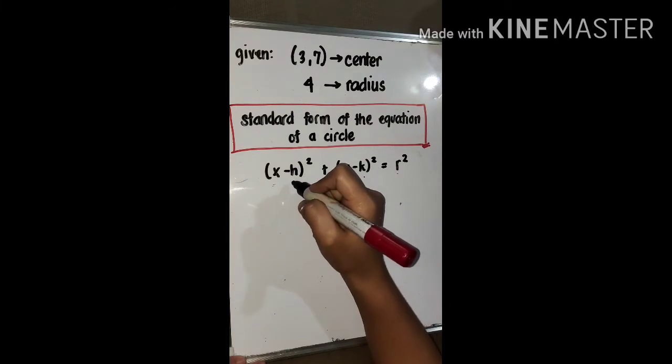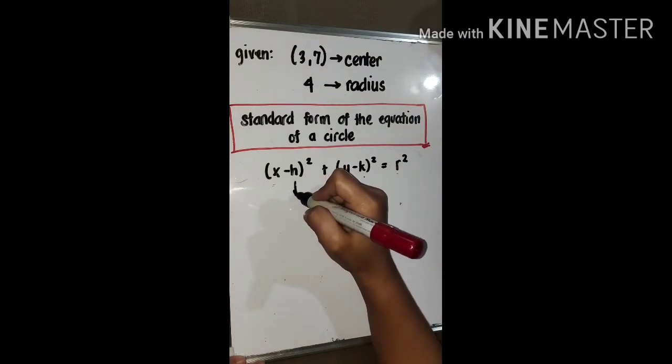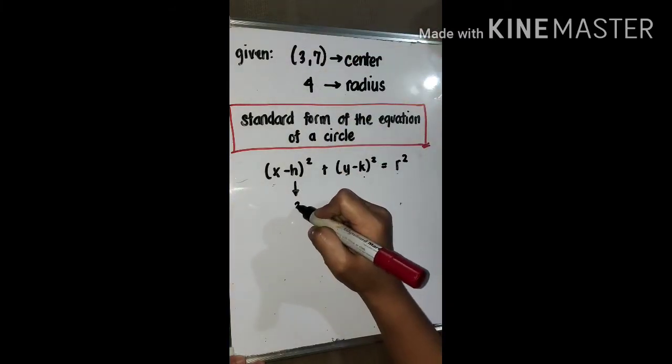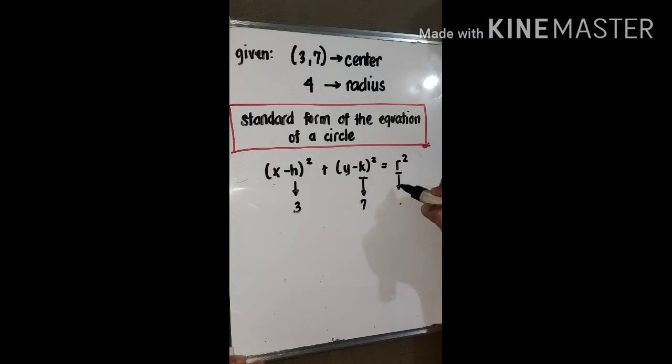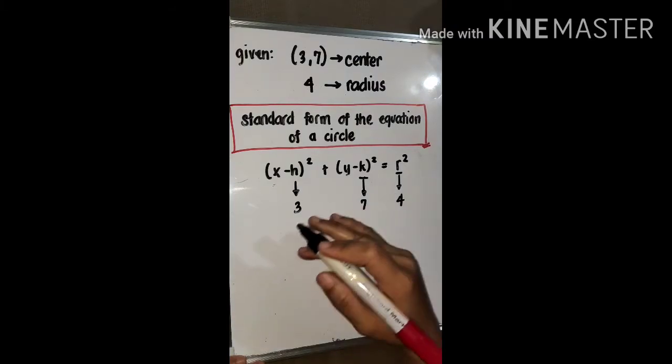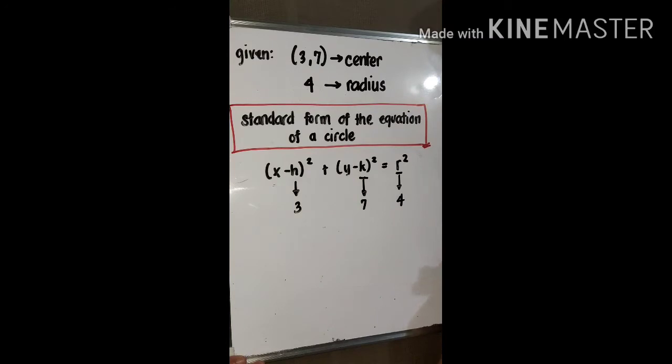So we will have now our h, which is 3, and then we have our k, which is 7, and then our radius, which is 4. So we will just substitute these values, and then we will have now the standard form of the equation of our circle.